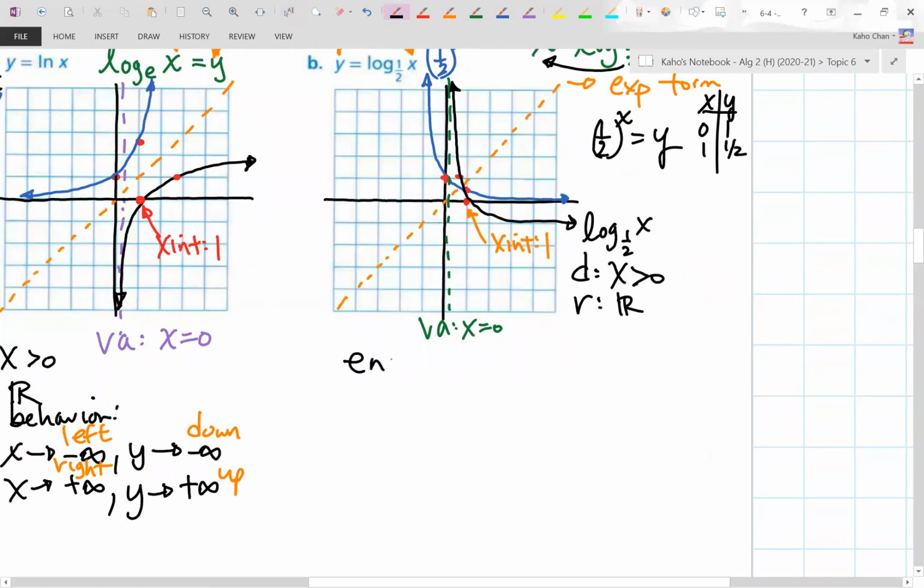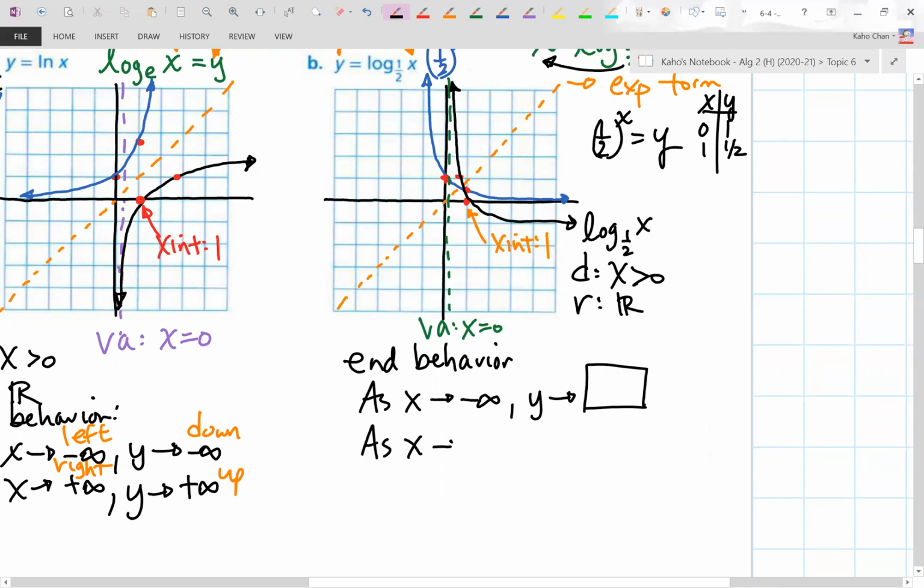So end behavior, let's go and list that. As x approaches left, y approaches what? As x approaches right, y approaches what is the question? All right.